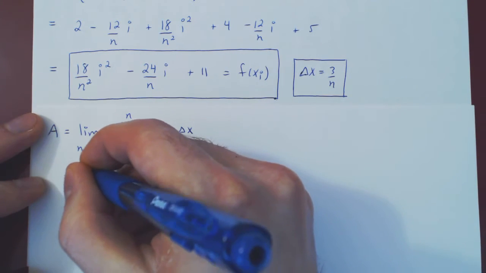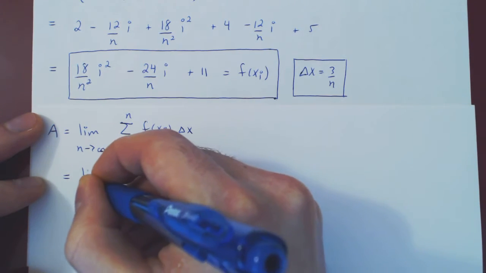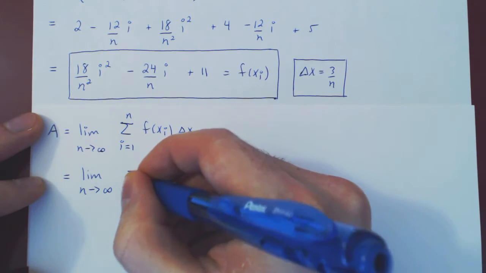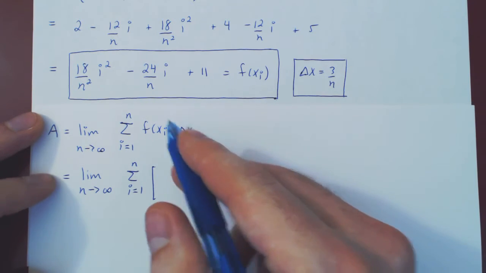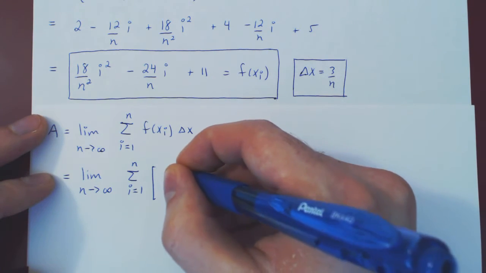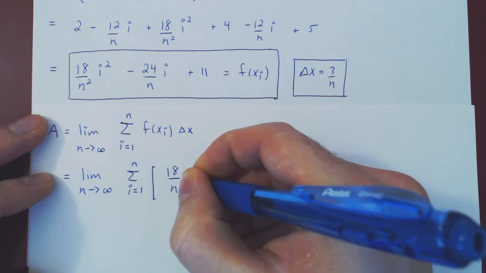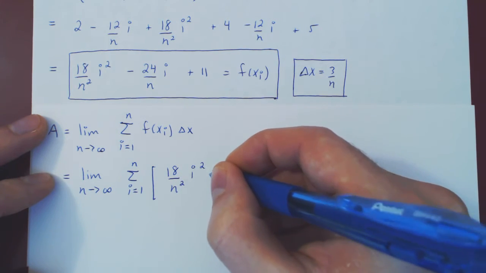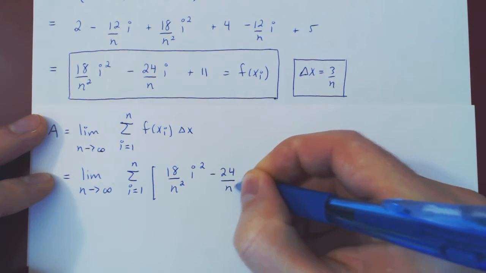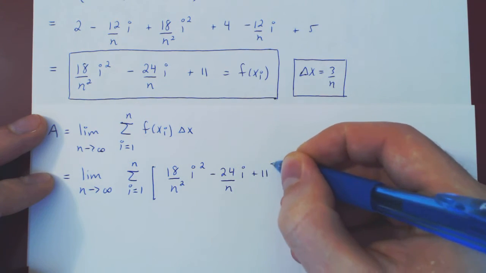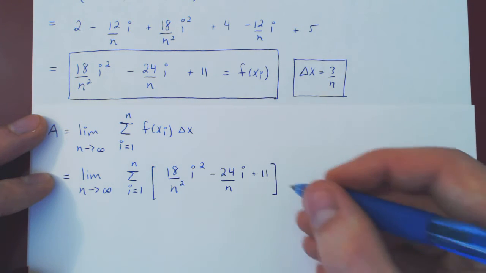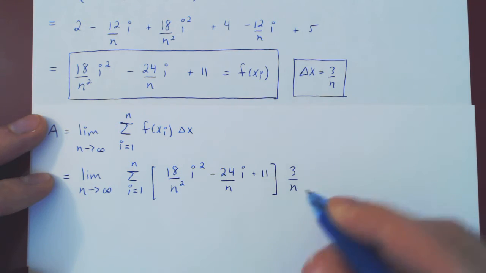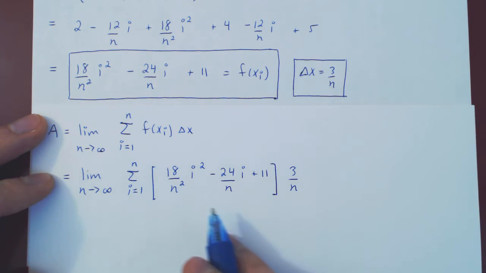So the area is the limit as n goes to positive infinity, the sum as i goes from 1 to n, f of xi, let's replace, f of xi times delta x, 3 over n. And now all that's left is to simplify this summation and then let n go to infinity.